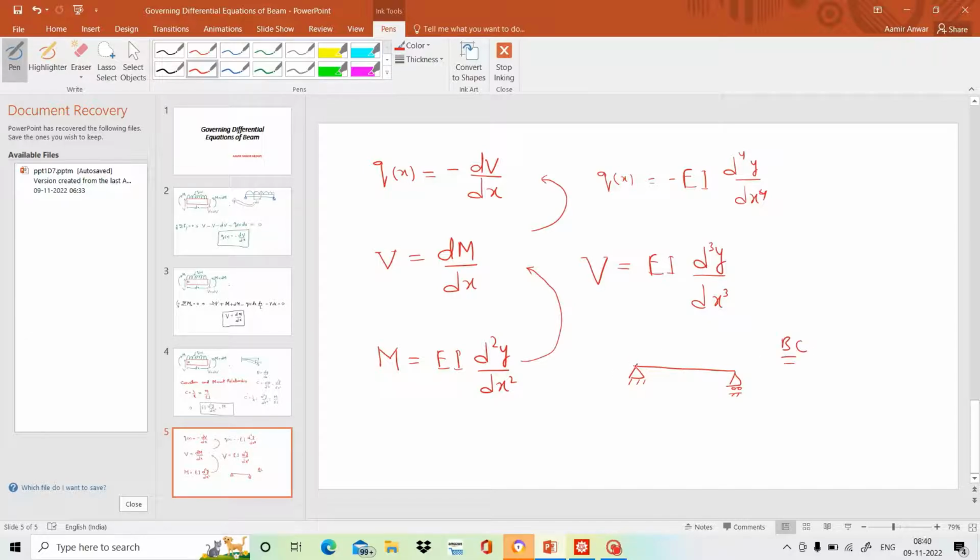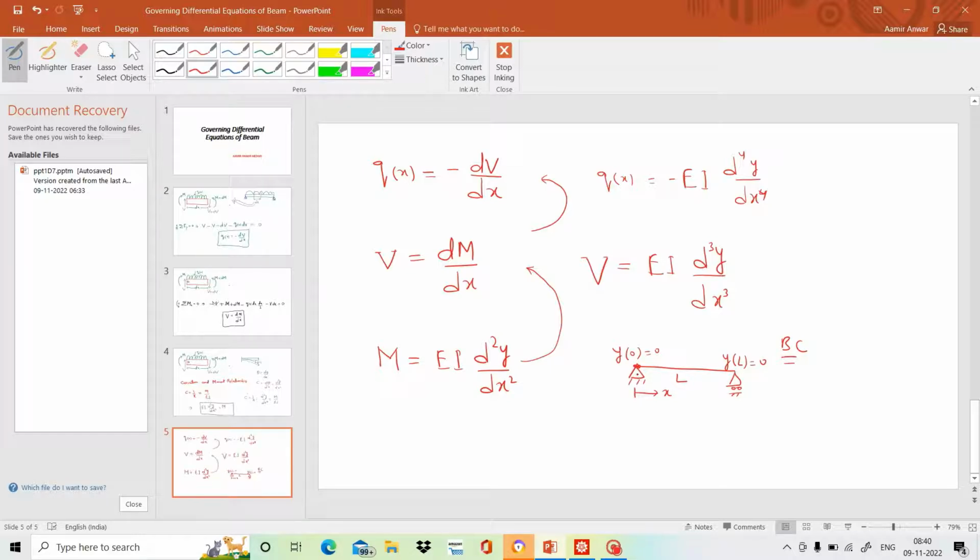The deflection should be 0 here, so y at x equals 0 should be 0 if we choose x from this side, and if the length of the beam is L, the deflection y at L should also be 0. So the deflection at both ends is 0.